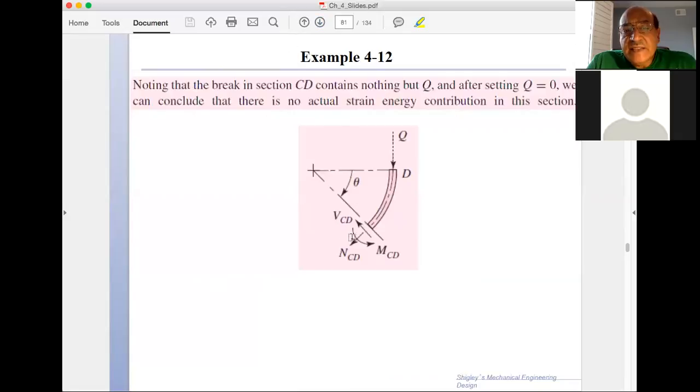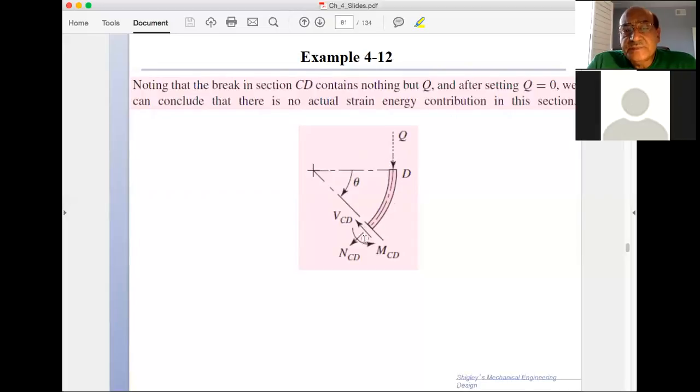And then finally, the last section here, when we break it and find the equilibrium on that side, the moment is balancing only Q, so the moment will only have a Q, and when you take the dM by dQ, you will have a Q also, so in the product it will have a Q. Since Q equals 0, there will be no contribution to the elastic energy from that section, because Q is really a fictitious force and it doesn't store any energy here.